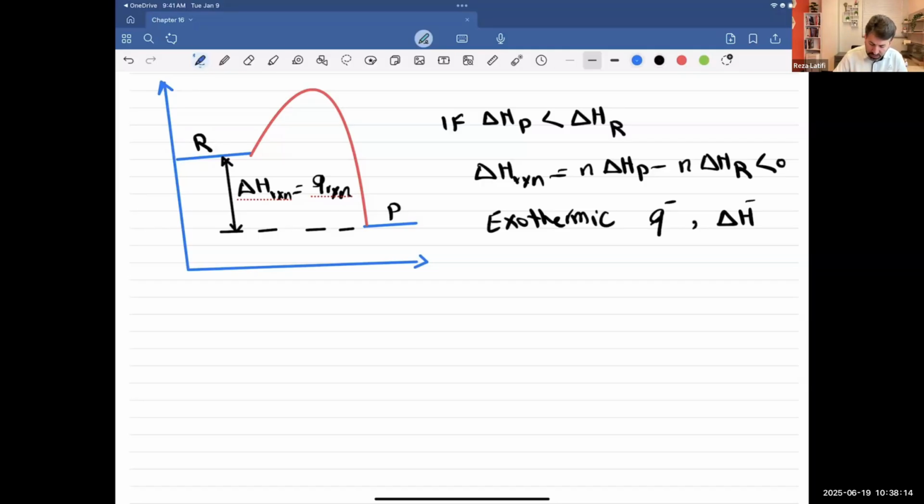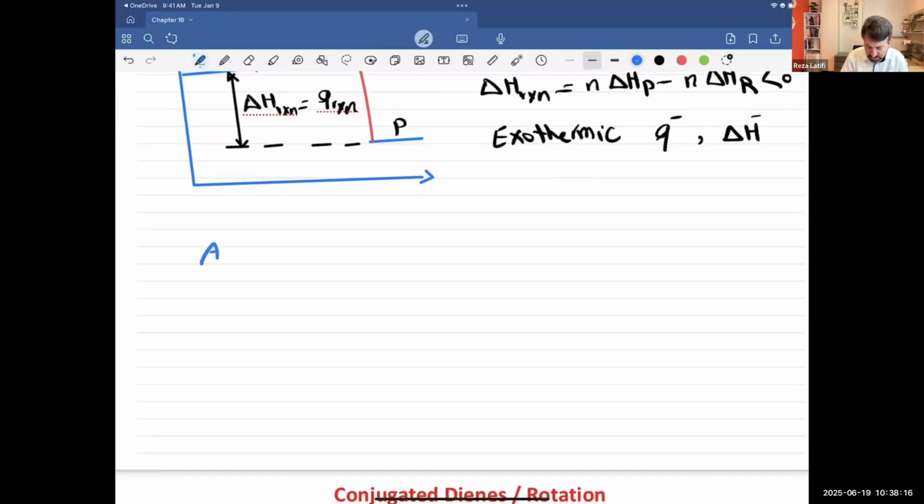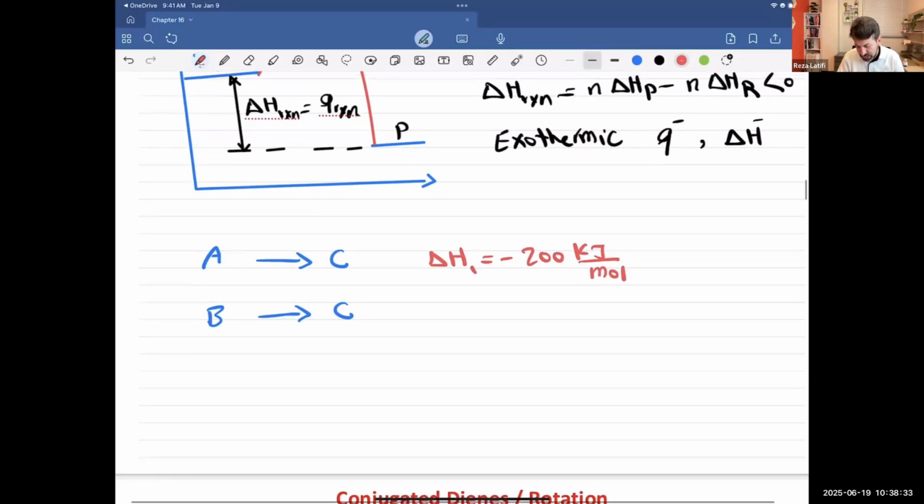And next, let's say we have A turning to C, and we also have B turning to C. I got delta H of this reaction equal to minus 200 kilojoules per mole. And delta H of the second reaction, let's say we got minus 250 kilojoules per mole. Now, I want to talk about which one of these is more stable, A or B. And how do we judge it?